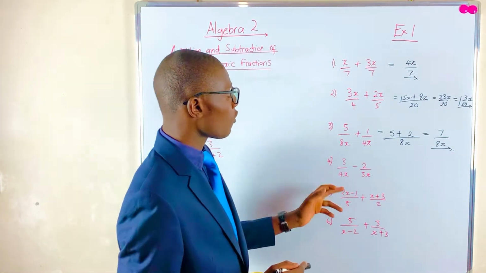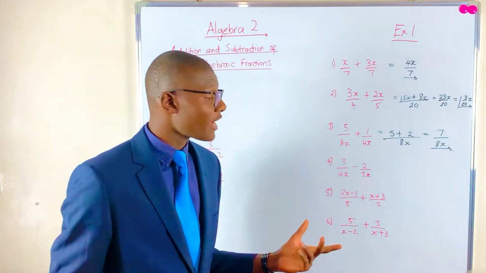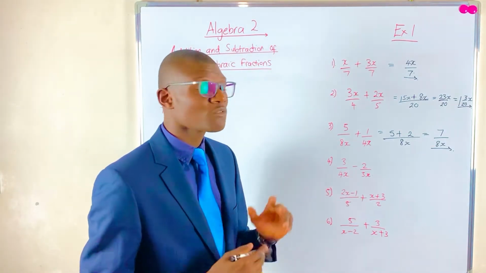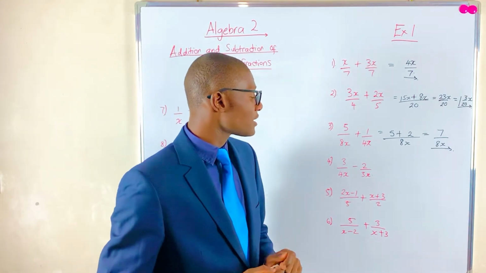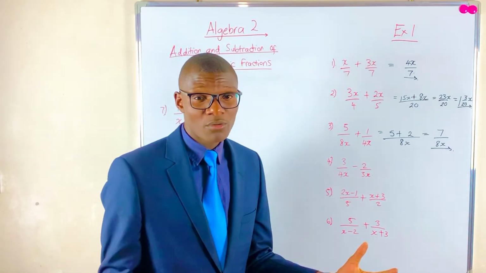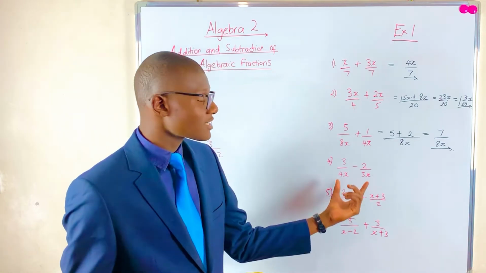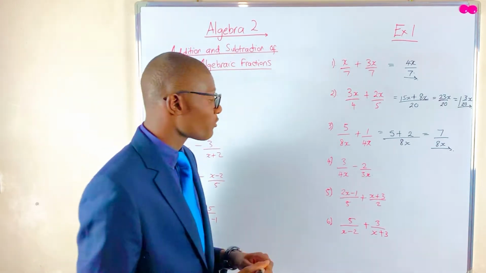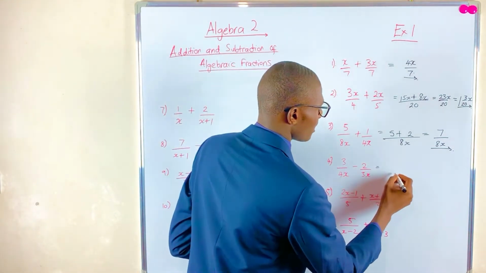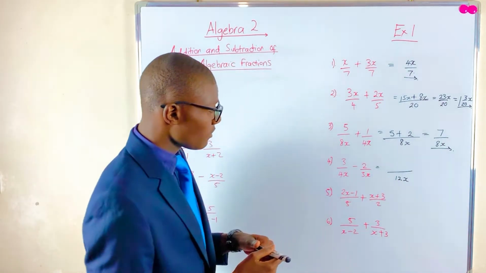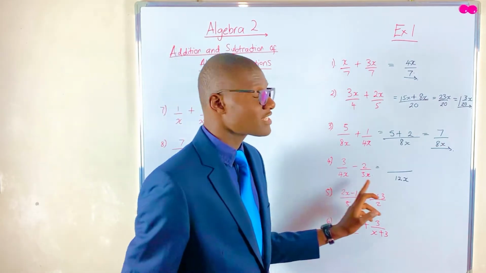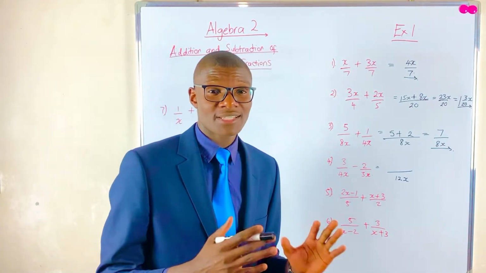Then for number 4, we now have 3 over 4x minus 2 over 3x. The common denominator would be the lowest common multiple for 4x and 3x, which would be 12x. So we shall say over 12x, right? And then 4x into 12x will give us a 3.